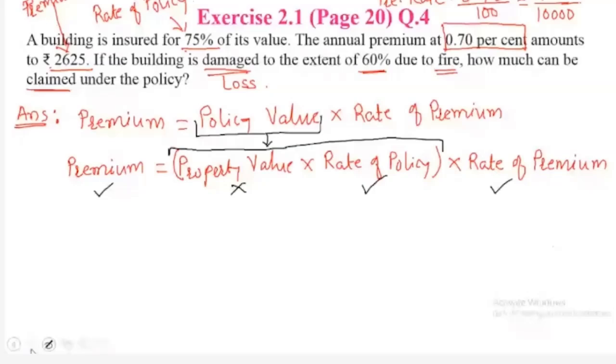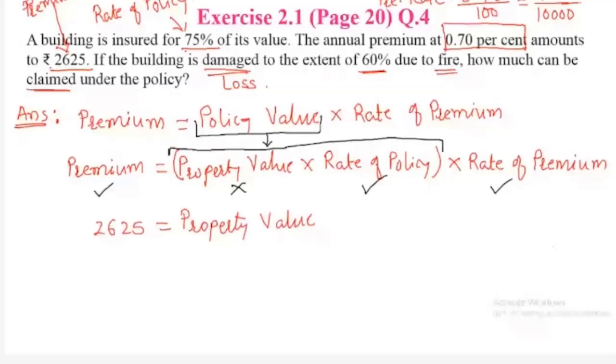So let me write now. What I'll write? Premium. How much is the premium? 2625 is equal to property value. Write as it is, or you may write X for property value. Let property value be X. I'm writing property value as it is. You can do that, but we'll require property value, Drishti.